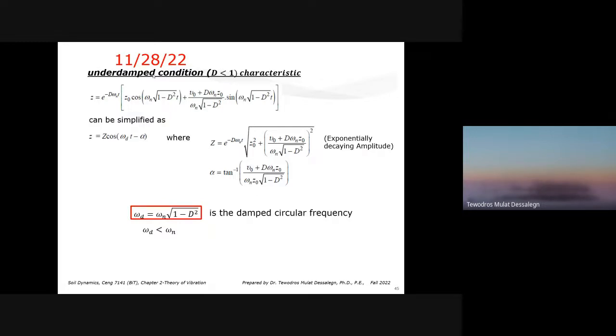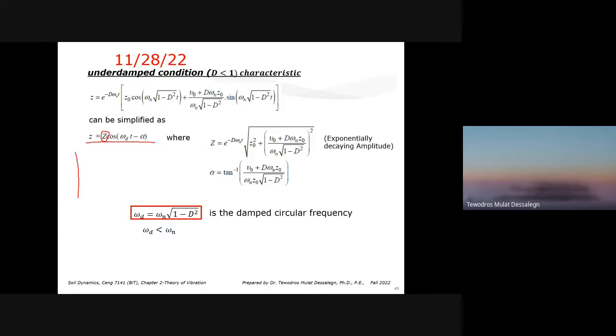So under the damped condition with D less than 1, we know this is the displacement equation with time, and this equation can be simplified further into this form. Z is equal to capital Z cosine of Wt minus alpha, where you have a sine or cosine function with Z in front of it. That's usually the amplitude.